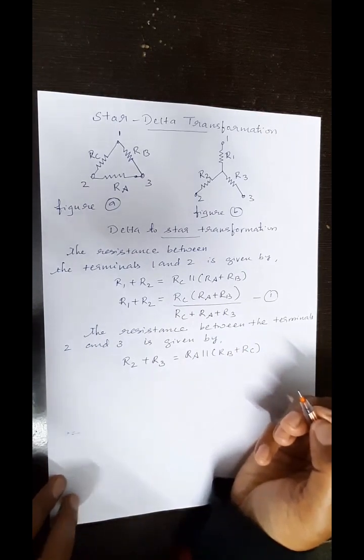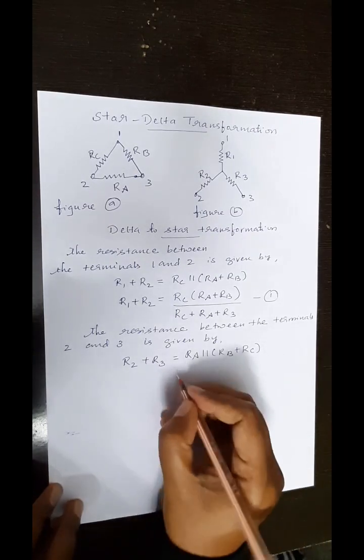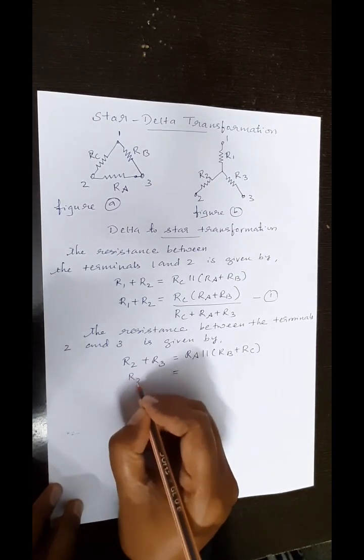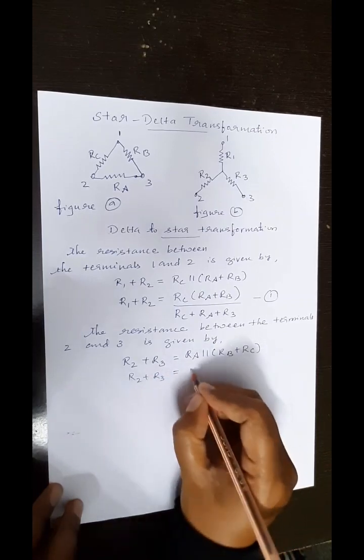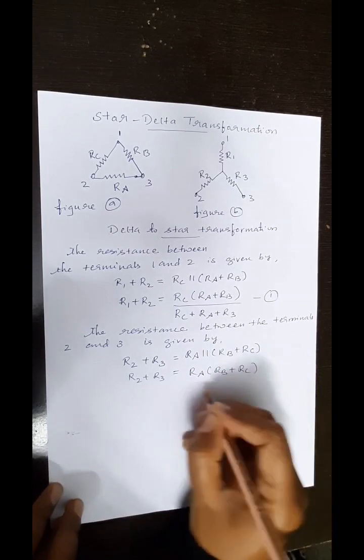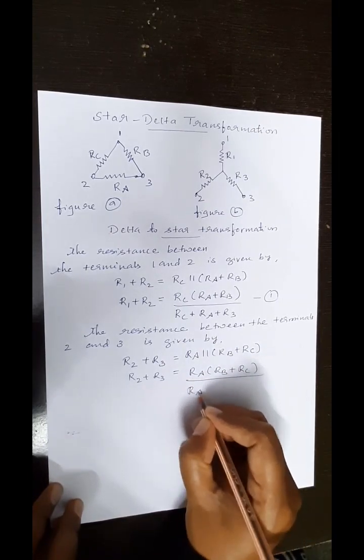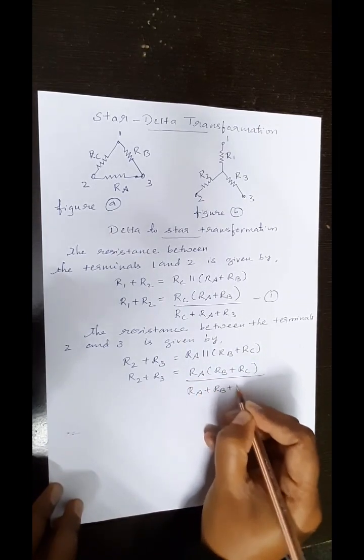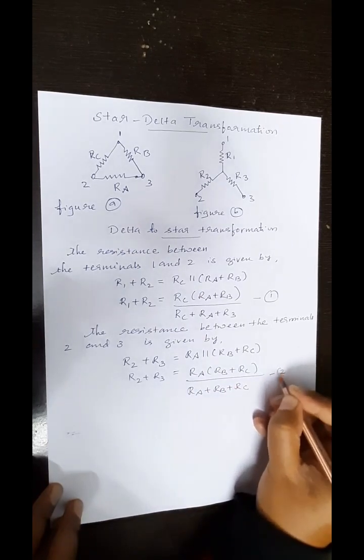RB and RC resistance will be in series and this series connection will be in parallel with RA resistance. So this R2 plus R3 will be equal to RA into RB plus RC whole divided by RA plus RB plus RC. Let us consider this as equation number 2.